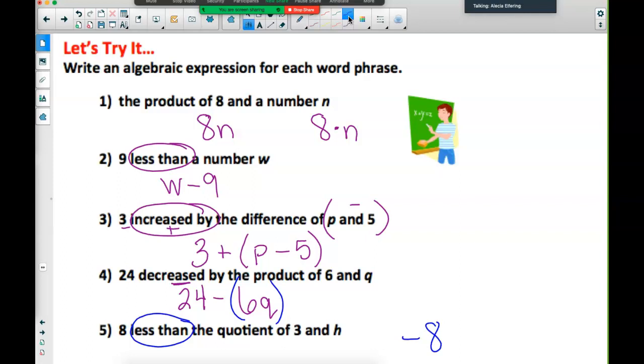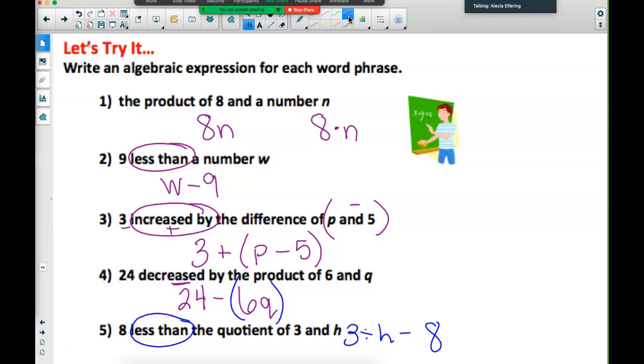3 divided by h. Now, there's a few ways we can write that. You could write it like this, and when you're typing it in your homework, this division symbol, 3 divided by h minus 8.